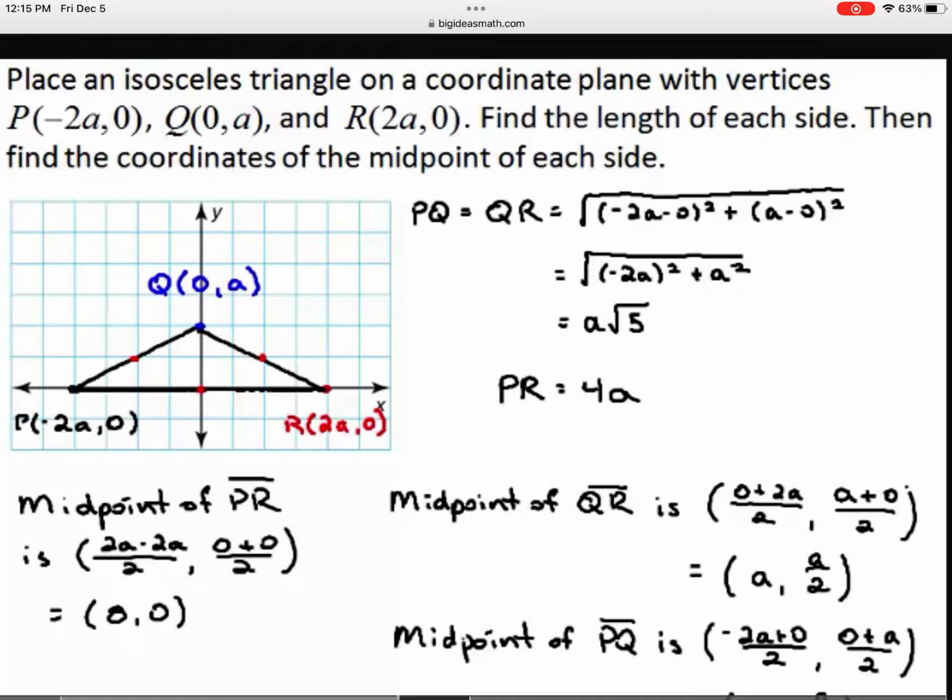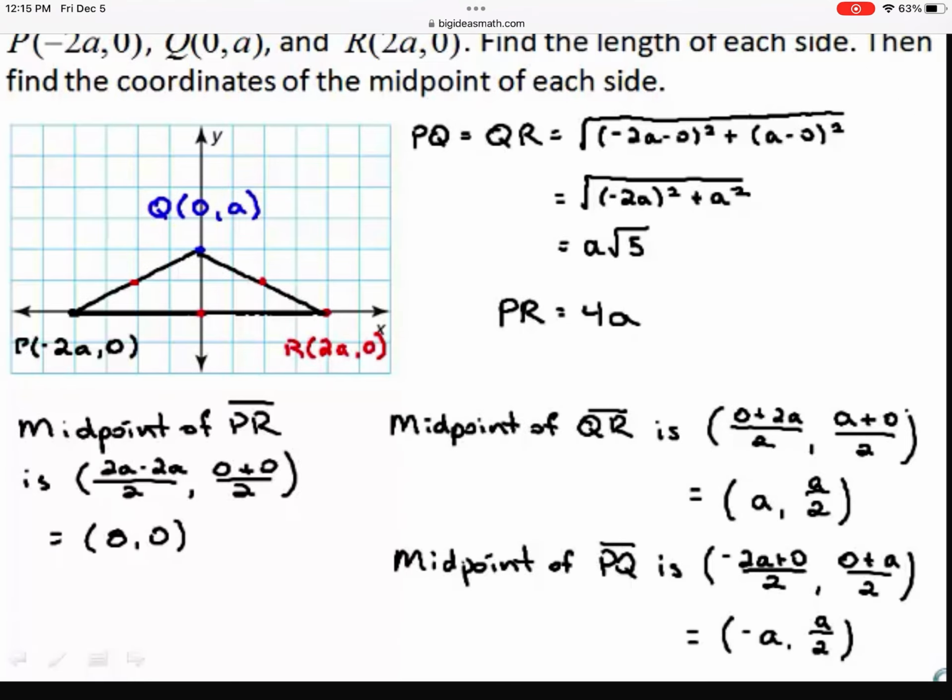And the midpoint of line segment PQ is ((-2a plus 0) divided by 2, (0 plus a) divided by 2), which is (-a, a/2). And then you can plot these points on the graph and notice that they are indeed the midpoint of each line.